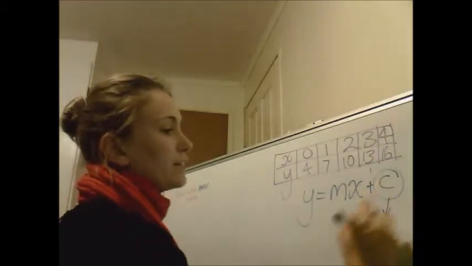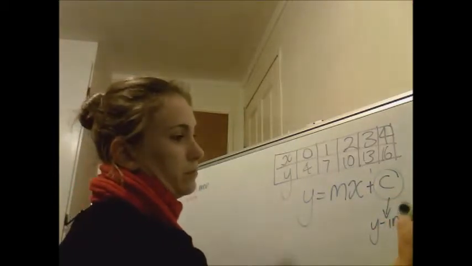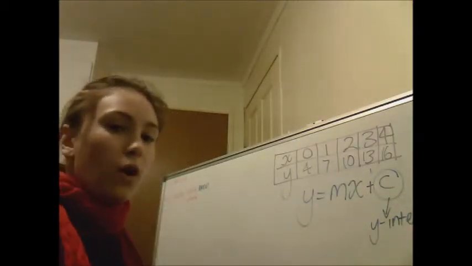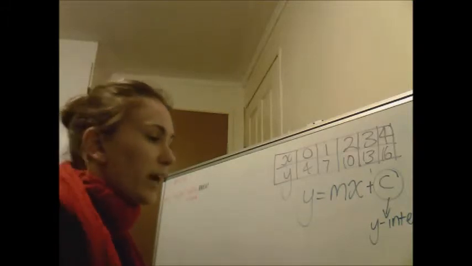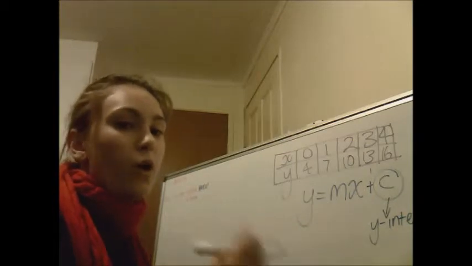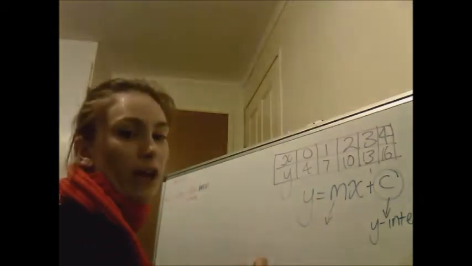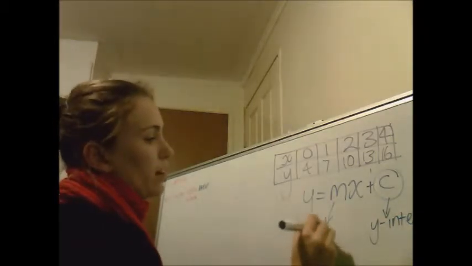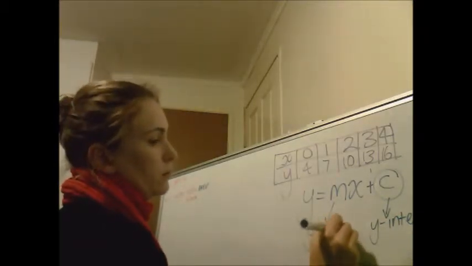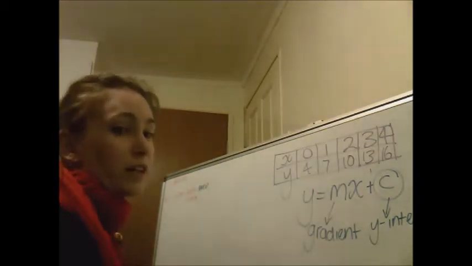That is known as our y-intercept. Our y-intercept is where the graph actually hits the y-axis, okay? Our m represents our gradient. So if the number is positive, where m is, it's a positive gradient.